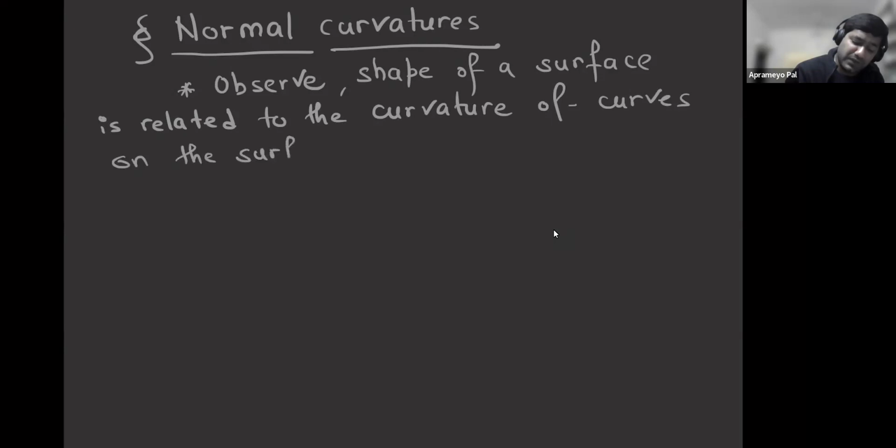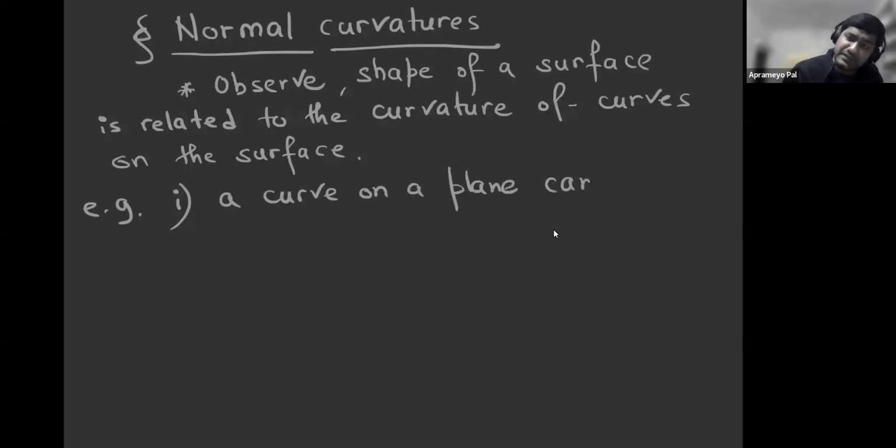So what do I mean by this? Let me give an example. For example, if you take a curve on a plane, then this curve can have zero curvature everywhere.